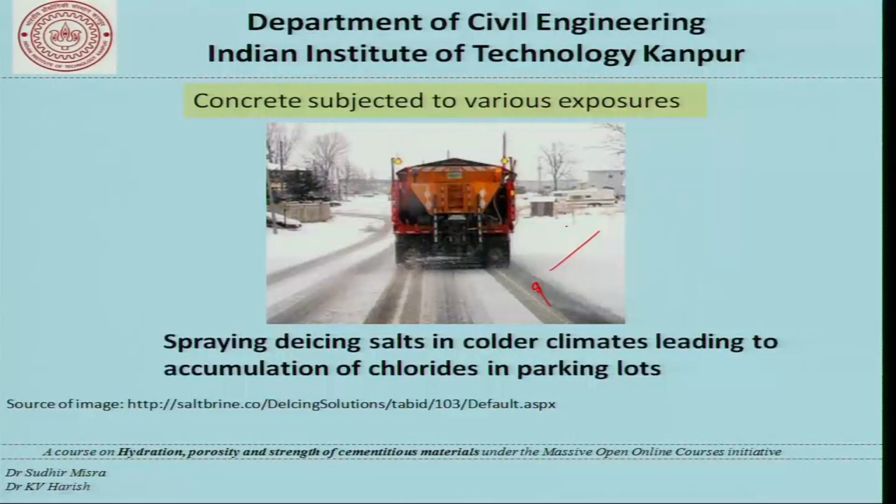This has two implications. Number one, the salt that we spray permeates into the concrete of the pavement, and the other one is that the vehicles are moving on these pavements, which are wet and have salt water.